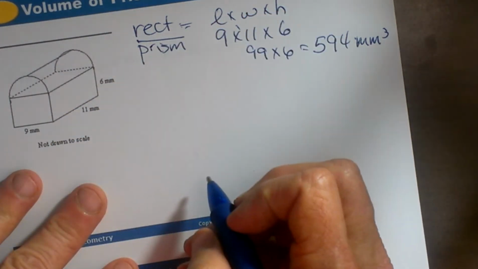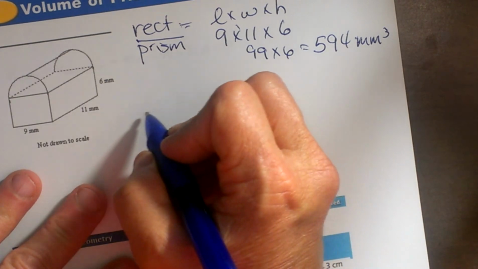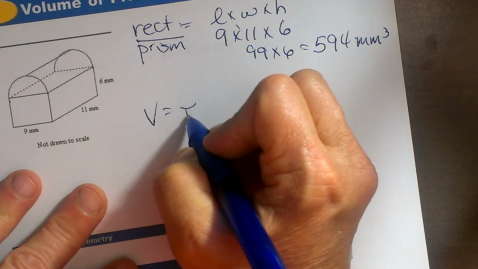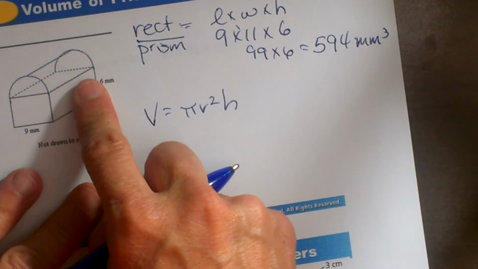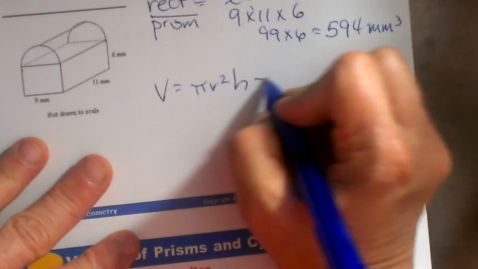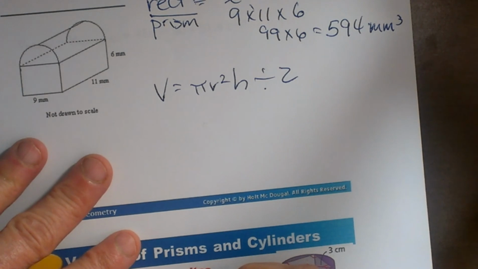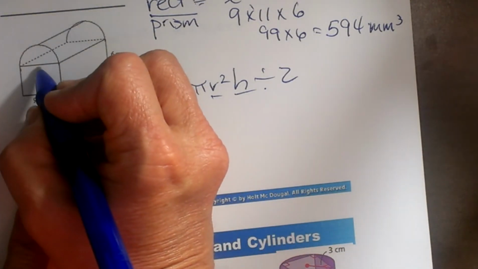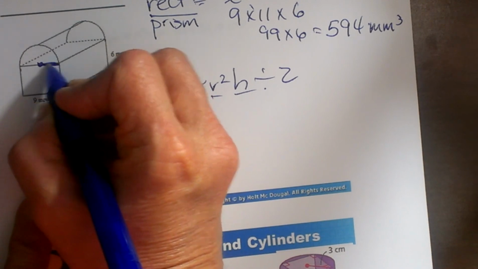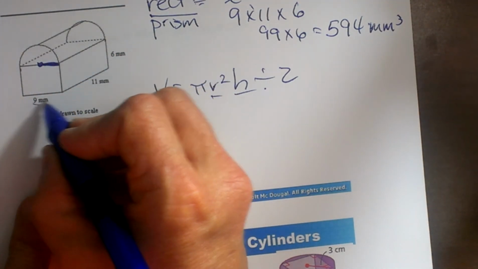Now let's look at the cylinder. Okay, a cylinder's volume is pi r squared times height. But what are we going to do with that cylinder since we only have half of it? We're going to divide it by 2. Okay, so let's go back and figure out our radius and our height. Okay, what's the radius of this cylinder? It's half of this side, isn't it?